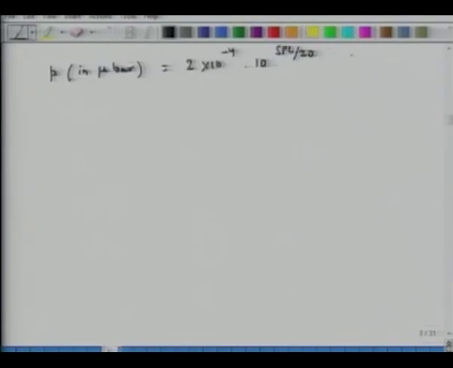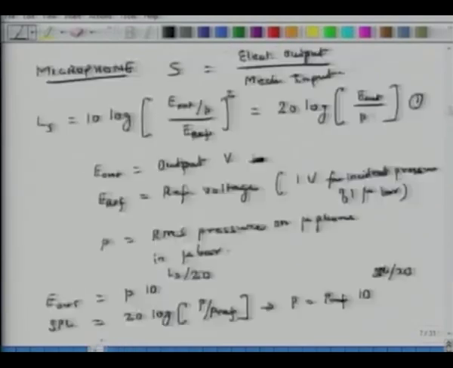Let's call that equation 2, and this is my equation 1.